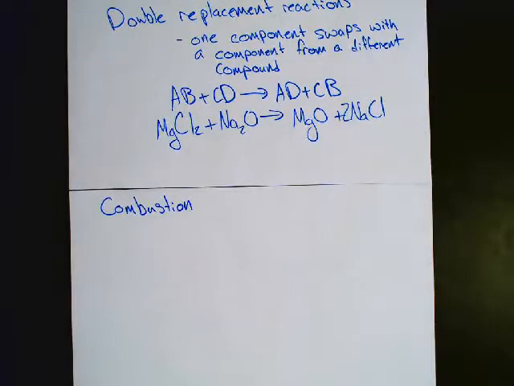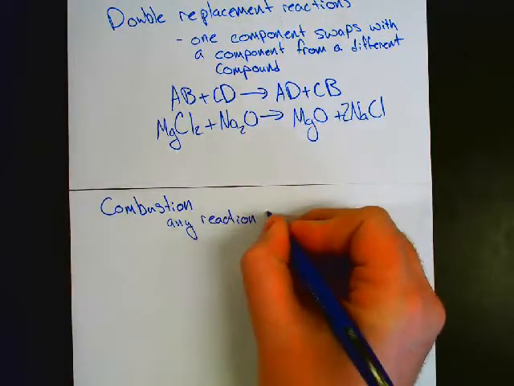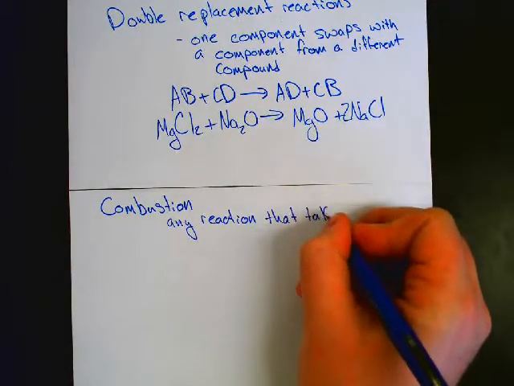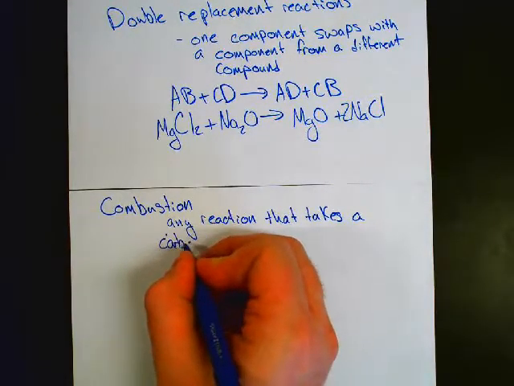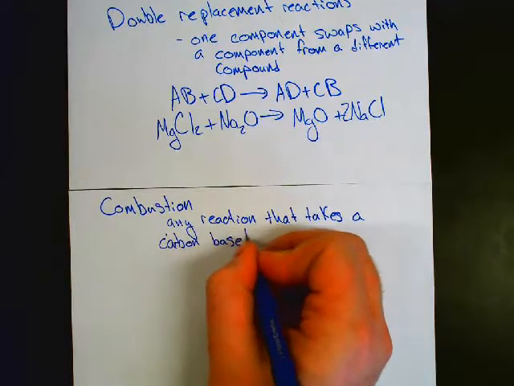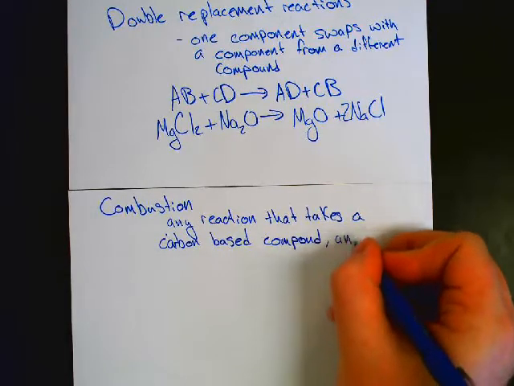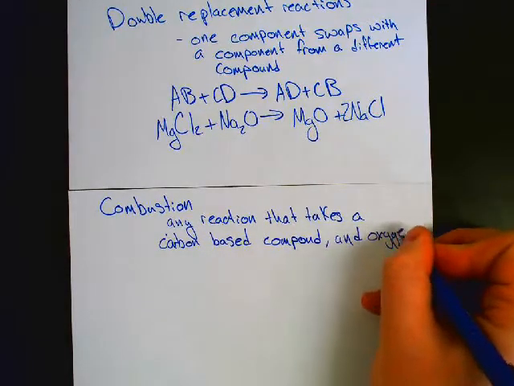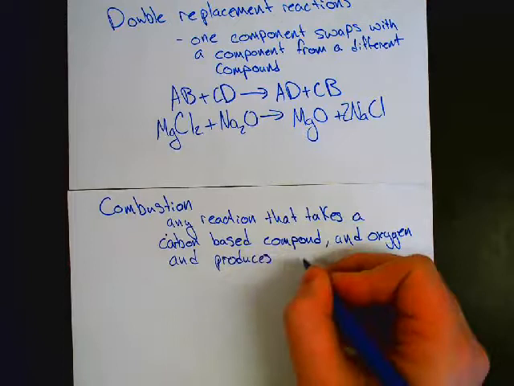A combustion reaction is simply any reaction that takes a carbon-based compound, reacts it with oxygen to produce carbon dioxide and water. Any reaction that takes a carbon-based compound, there's an R in there, and oxygen, and produces water and CO2.